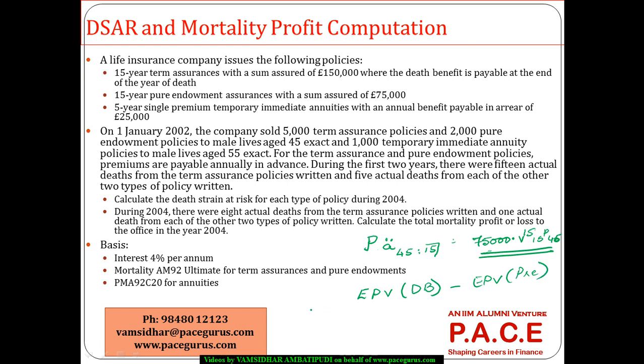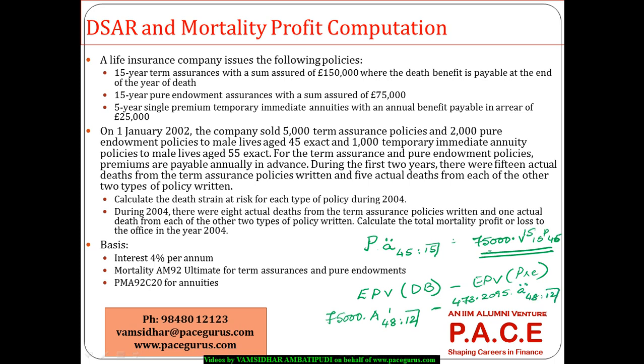So what is the expected present value of the death benefit here? 75,000 times A 48:12. After 3 years, the expected present value of the death benefit is A 48:12 minus the expected present value of the premiums, which is going to be whatever premium, 473.2093, multiplied by A double dot 48:12.